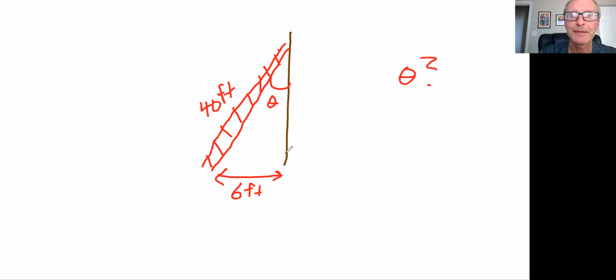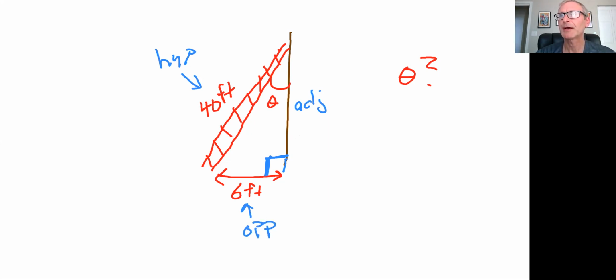The right angle actually is from the ground to the building. So where's the hypotenuse? The hypotenuse is always directly across the right angle, so this would be the hypotenuse. The building is actually adjacent because it's connected to that angle, and this would be opposite.